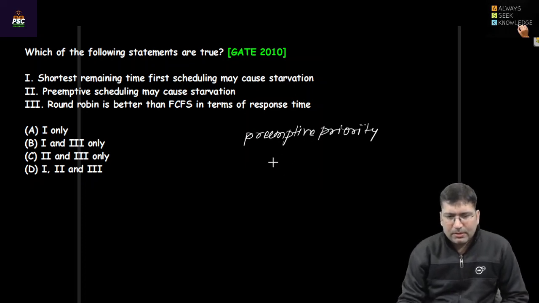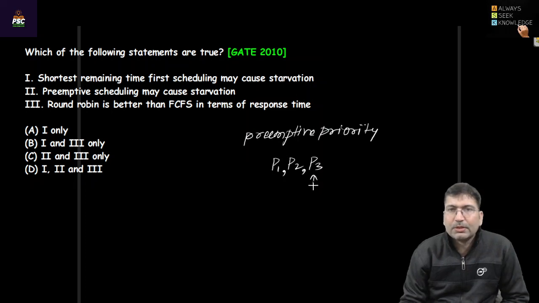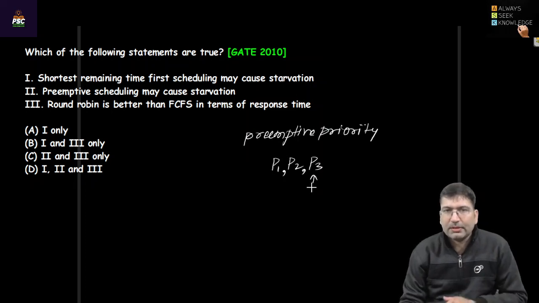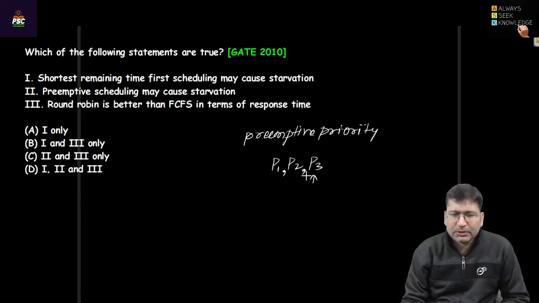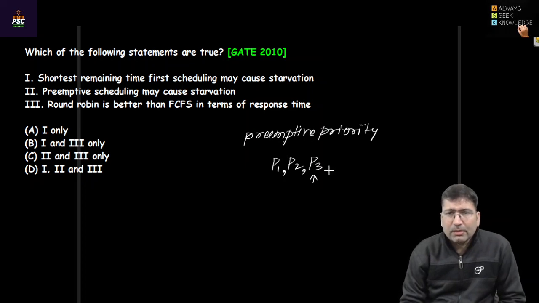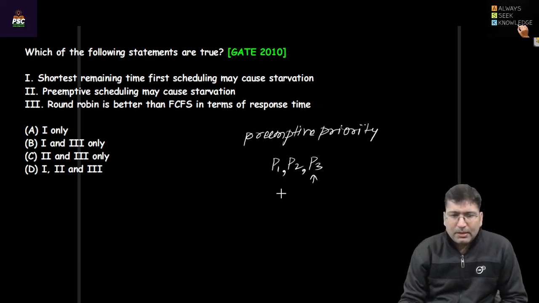If more than one process is waiting in the ready queue and other processes keep on coming into the ready queue, let's say P3's priority is very low, and whatever processes arrive in the ready queue again and again have higher priority, then this P3 can be stopped, right?